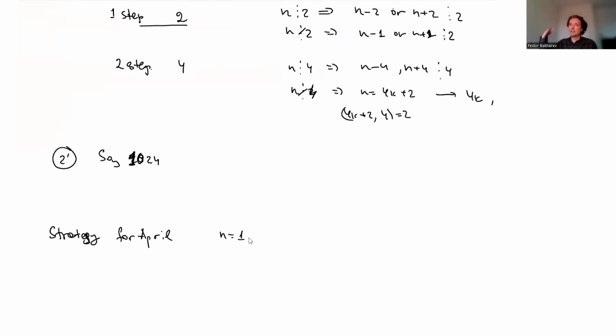Then on each step, the worst thing that she should do is to double this number. And since 2 to the power 9 is 512, it is a number in the range, so we could proceed with 9 steps in the range. So this is the strategy.